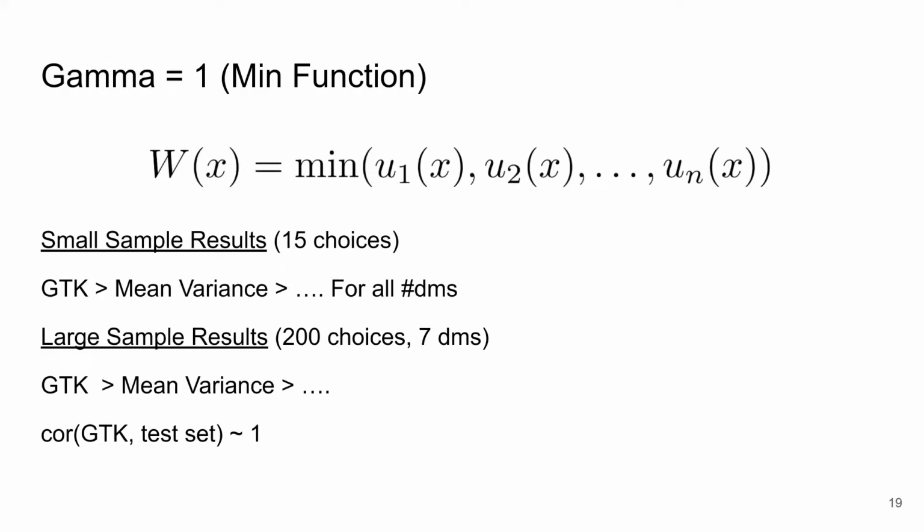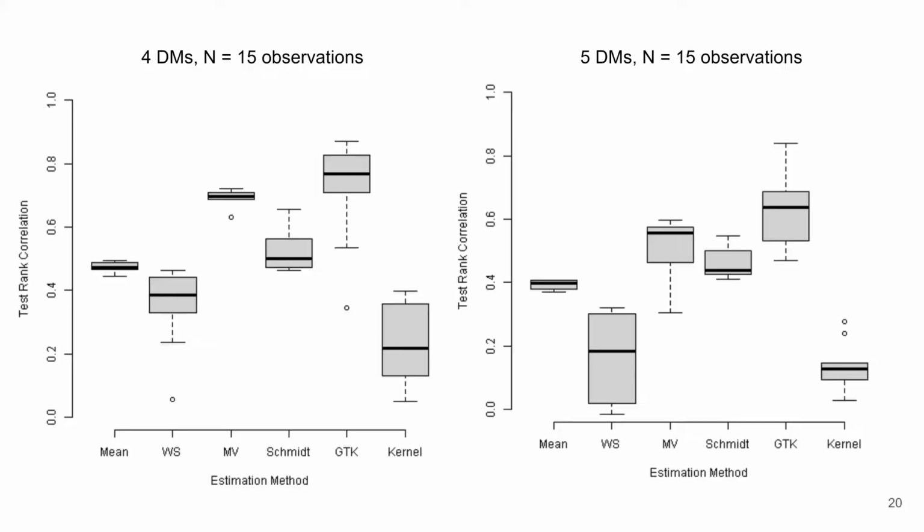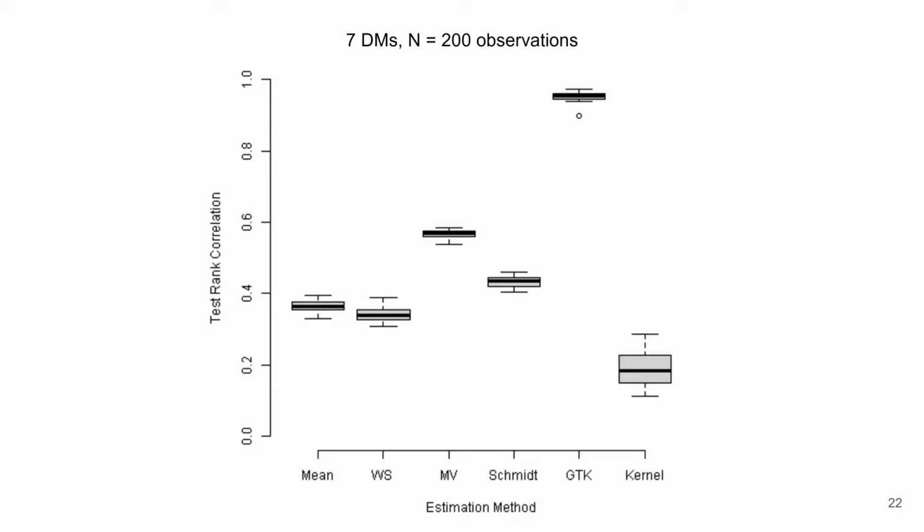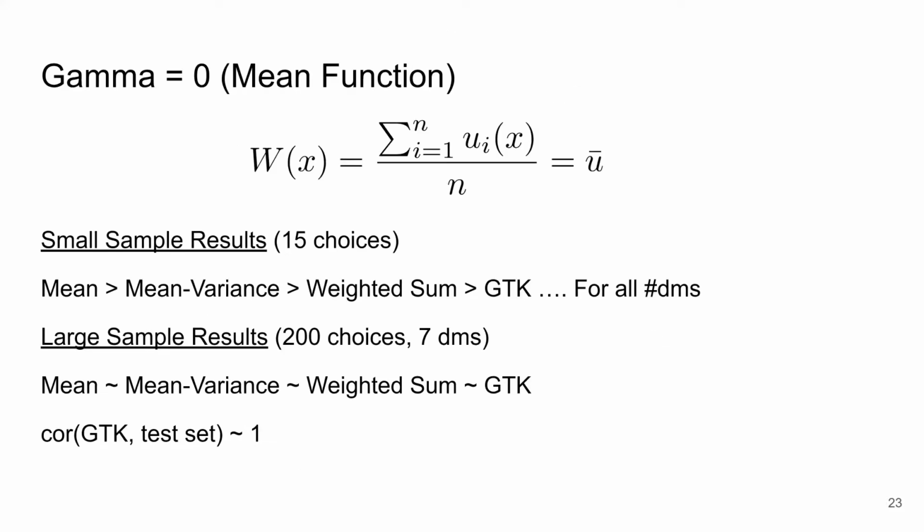If we look at the min function, in the small sample, GTK does the best, followed by mean variance. For the large sample, GTK, again, does better than mean variance, with a correlation between GTK and the test set of approximately 1 with 200 choices. Here's what the data look like for the small sample, 4 and 5 decision makers, 6 and 7 decision makers, and here's 200 observations.